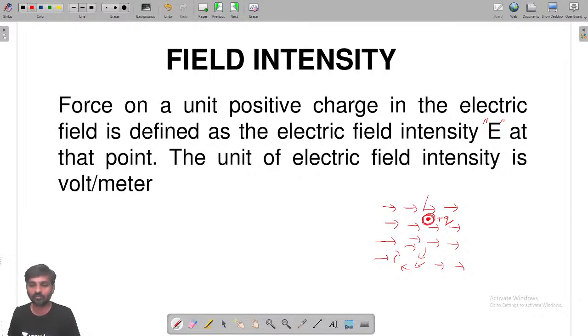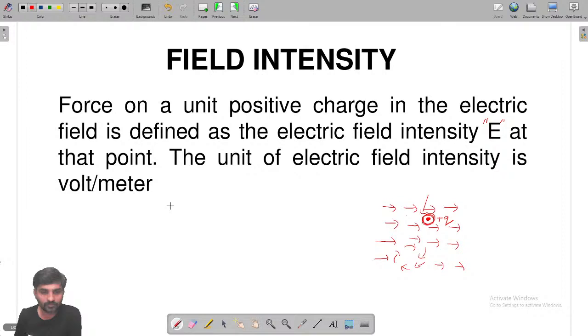That force per unit charge, the force acting on a unit positive charge, is called field intensity. When the positive charge is placed in an electric field, there exists something called electric field intensity on a unit positive charge.